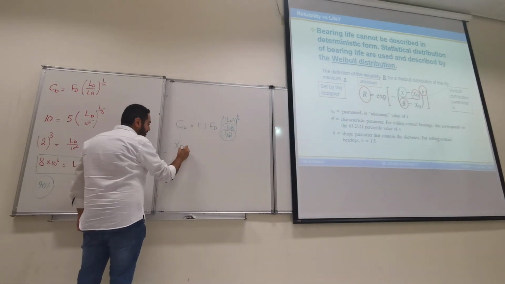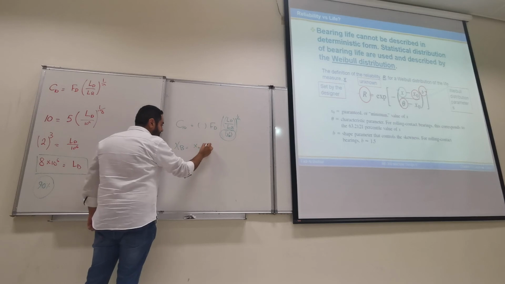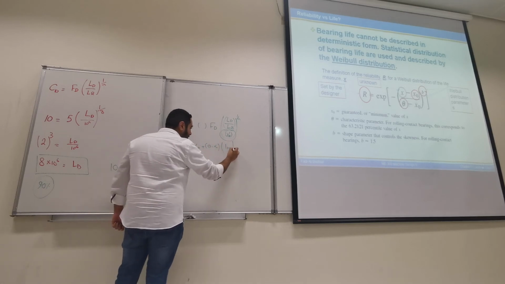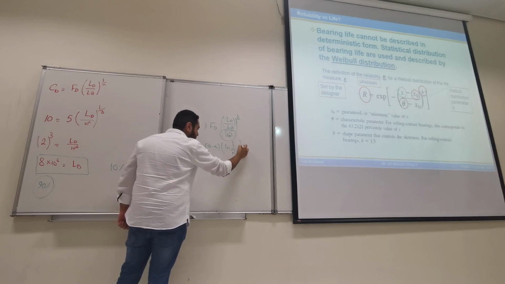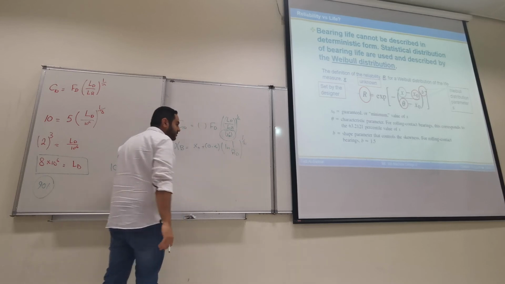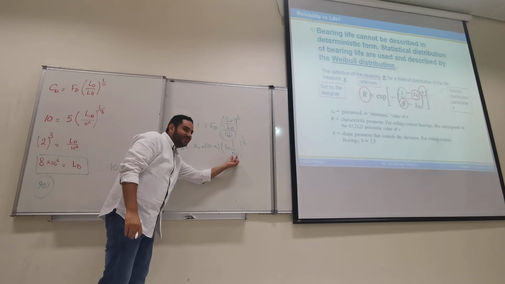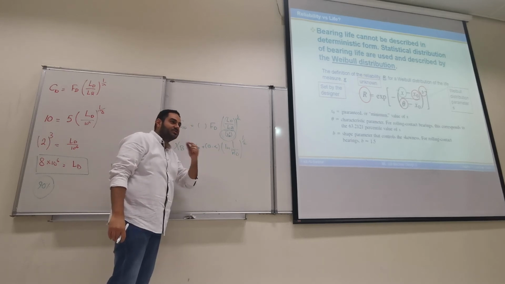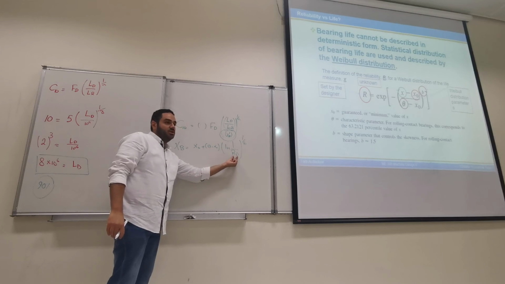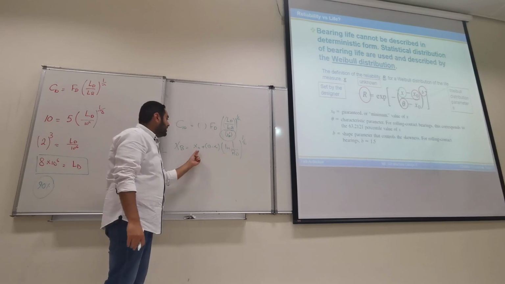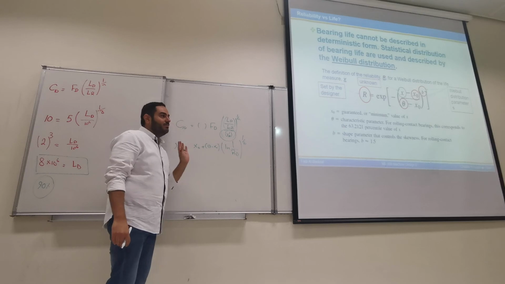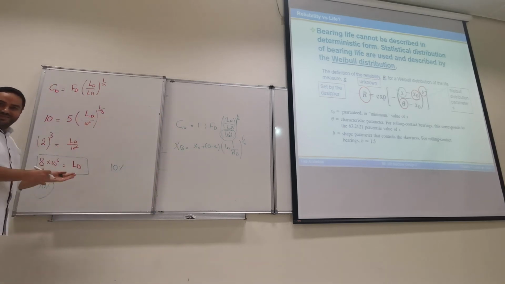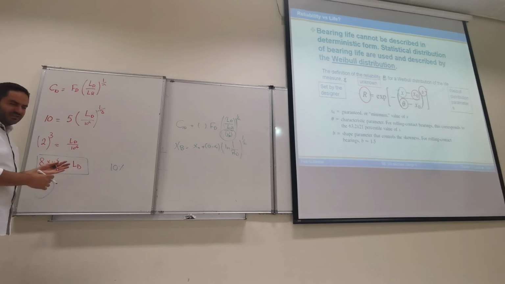The correction factor is calculated as follows: x naught plus theta minus x naught times the natural log of 1 over R, to the power 1 over b. So this is now your desired reliability. If you want to pick the bearing with a reliability of 98%, you substitute here 0.98. While those x naught, theta, and b are based on the bearing, just like when we talked about a and the rated load, rated life.